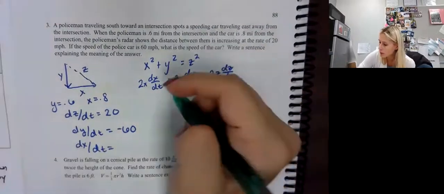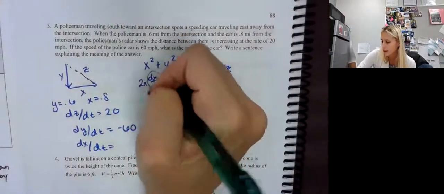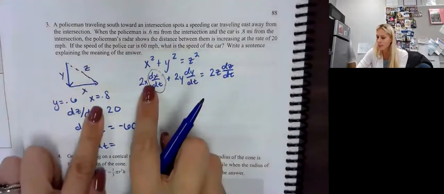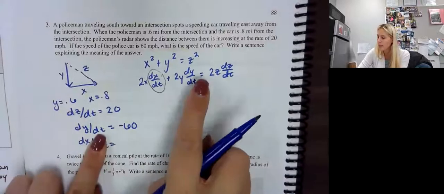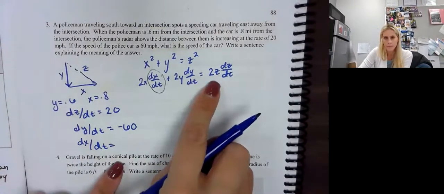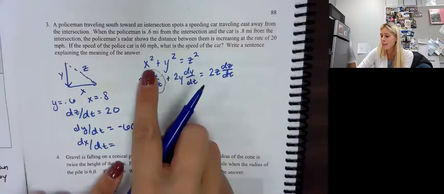I'm going to circle what I need to fill in, and see if there's anything missing here. So I have my x right there. I have my y. I have my dy/dt. Ooh, I don't have a z. Is there a way that I can find out a value of z? Yes, I can, because I have an x and a y.